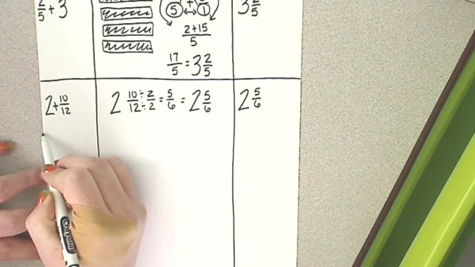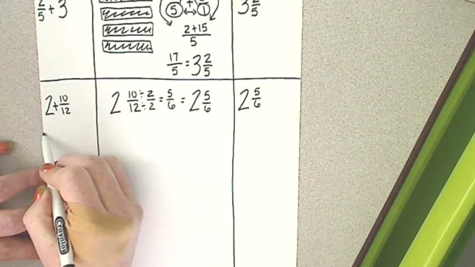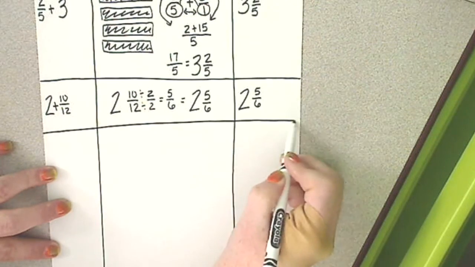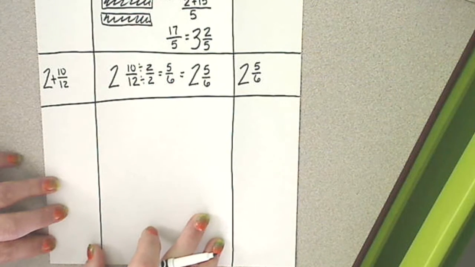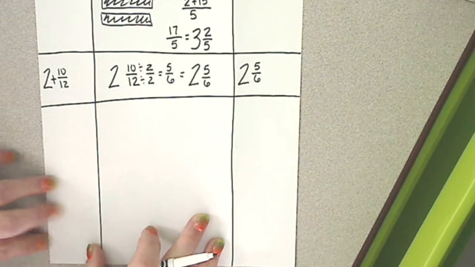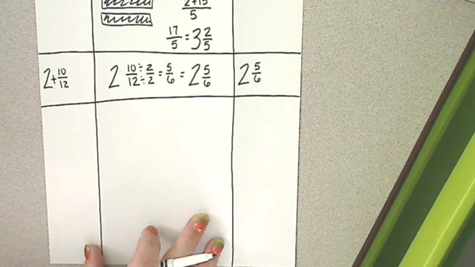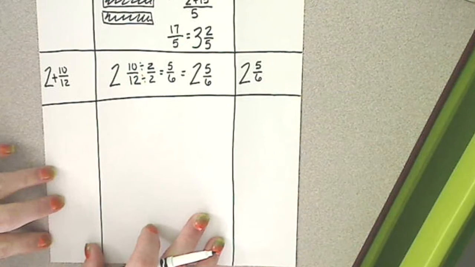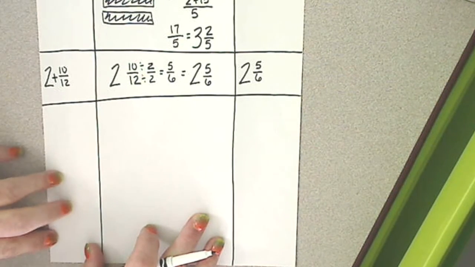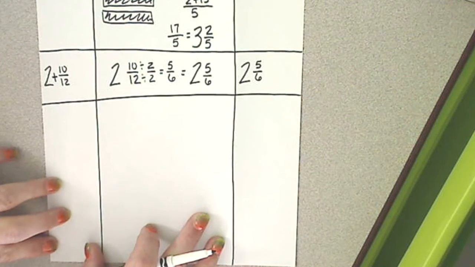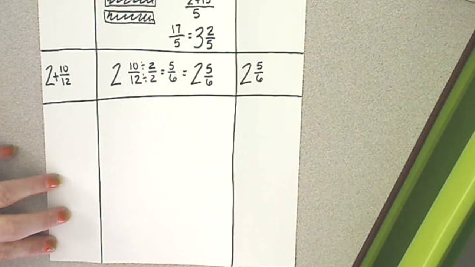All right, now let's take a look at a couple of subtraction problems, because subtraction is where you might end up in a trickier situation. With subtraction, if you're subtracting a fraction from a whole number, your whole number is going to come first.